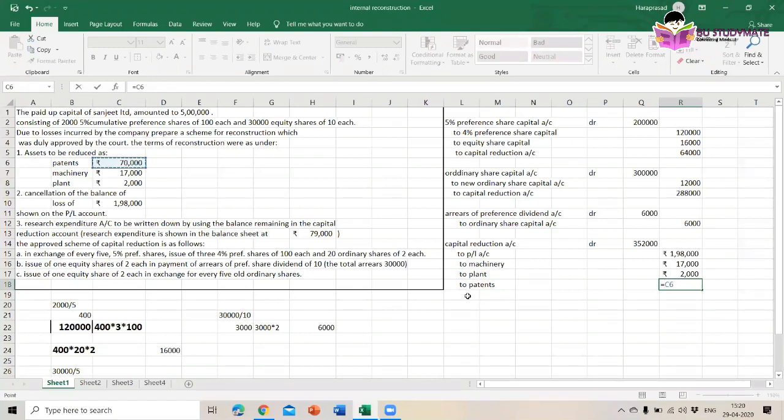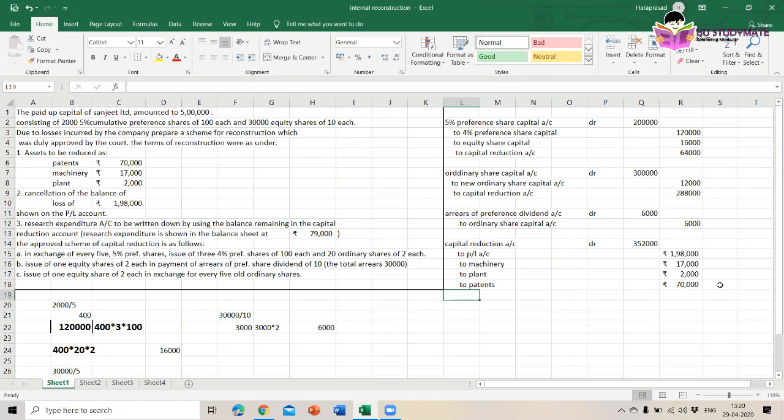In the last one, they have told that the research expenditure account is to be written down using the remaining balance of the capital reduction account. Research expenditure total is 79,000, but we need to look at how much we have left in the capital reduction account. So we need to add all these items: 1,98,000, 17,000, 2,000, and 70,000.